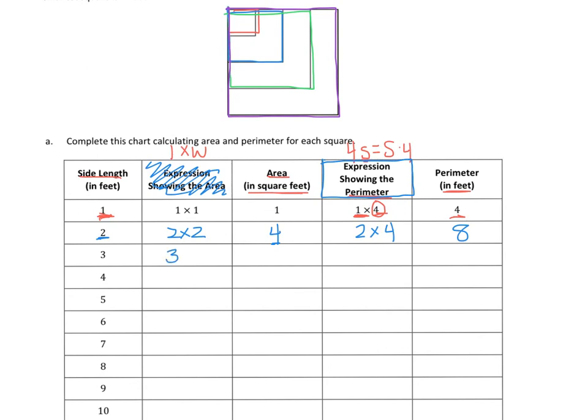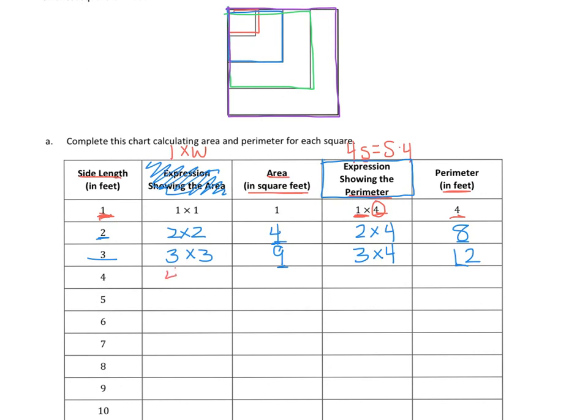Let's see if that holds true all the way across. 3 times 3, and my area is 9 because now I'm on side length of 3. My side is 3, and I got to multiply it by 4 for 4 sides for perimeter, and I get 12. And it's still holding true, but I see that I was 4 away here from 4 to 8, and now I'm only 3 away.